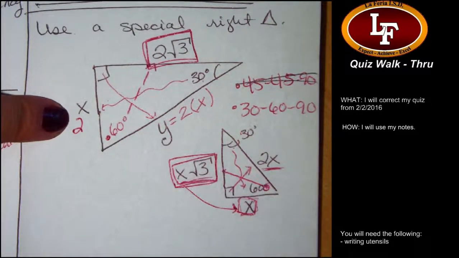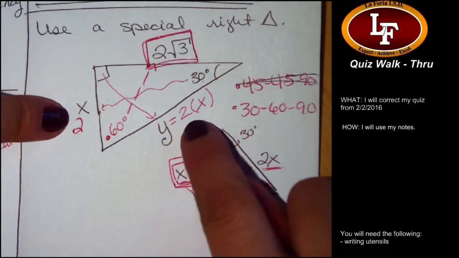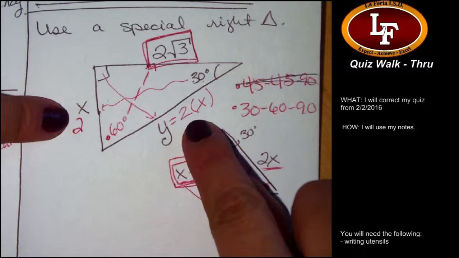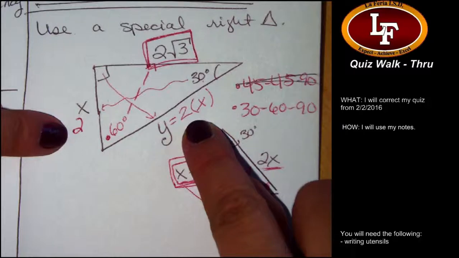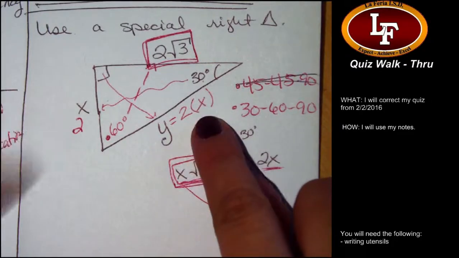No calculation required. Just looking at the pattern. What did we say this side measure was equal to? 2 times whatever this one was. This one was 2, so 2 times 2 is 4. And now you have the measure for this side.